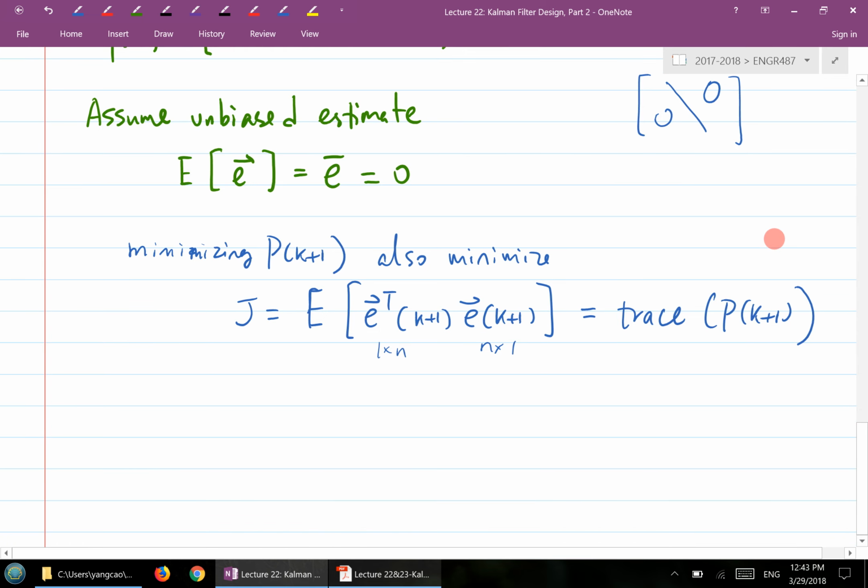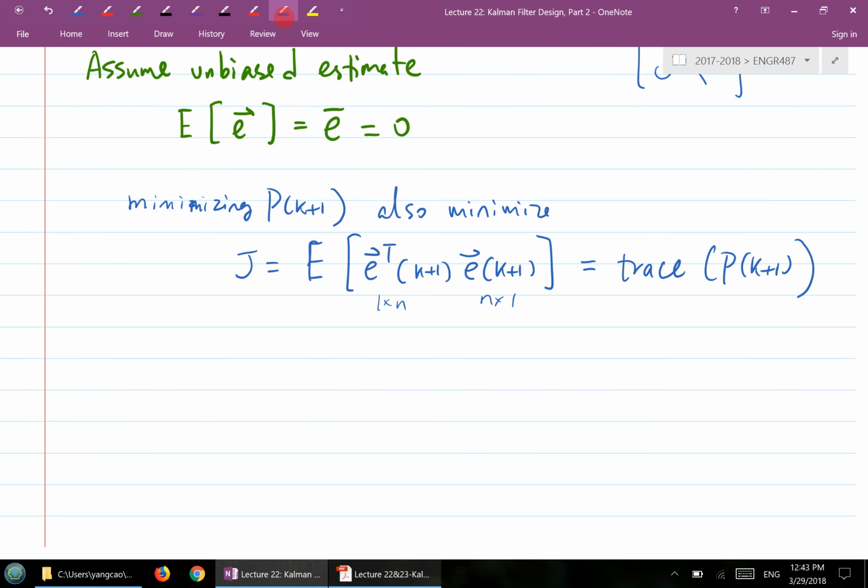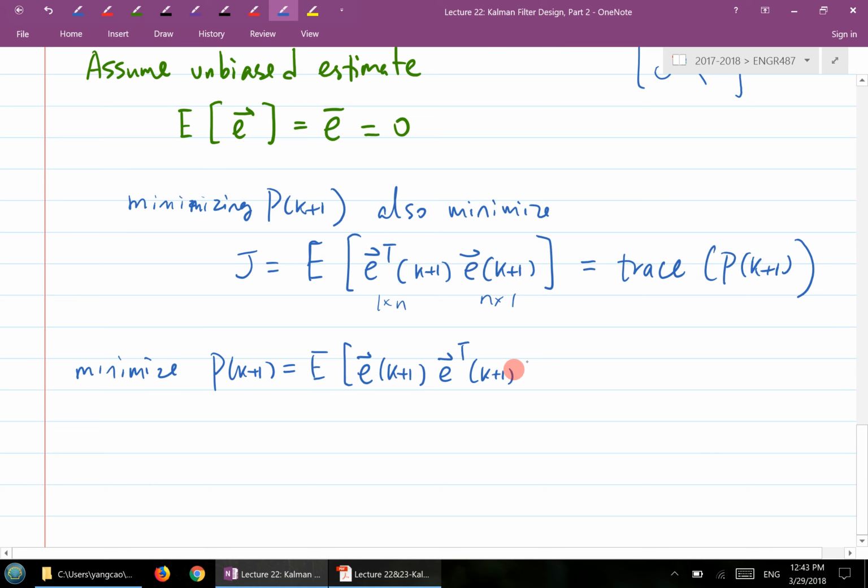Now let's get down to the mathematics. Again, I'm going to write it here. Minimize this P, which is E k plus 1 times E transpose k plus 1.